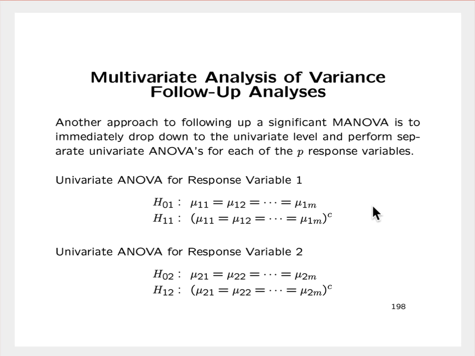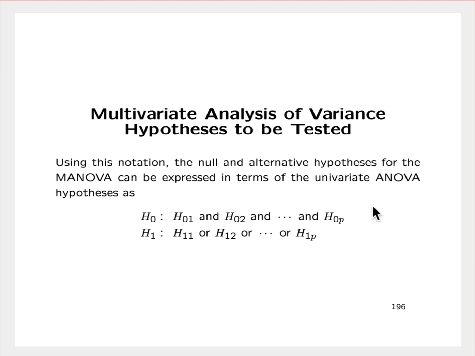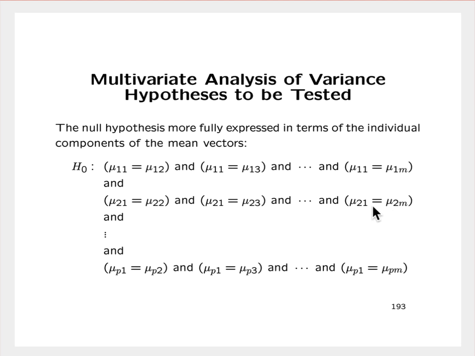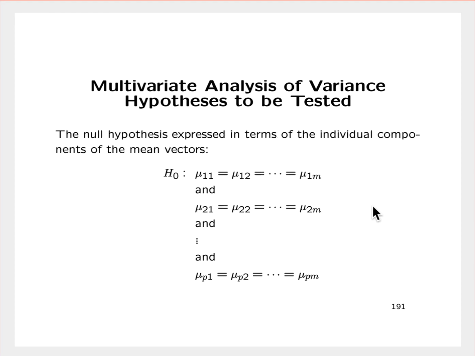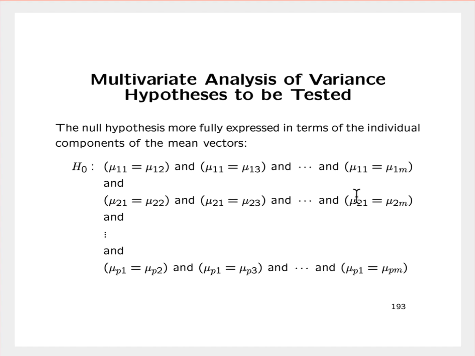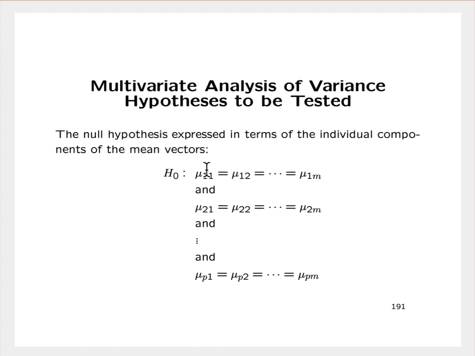Now, let me just go back and show you, if we were to think of the null hypothesis of the MANOVA in this way, or equivalently in this way. If you look at this first statement, this is the null hypothesis of the univariate analysis of variance for the first response variable.